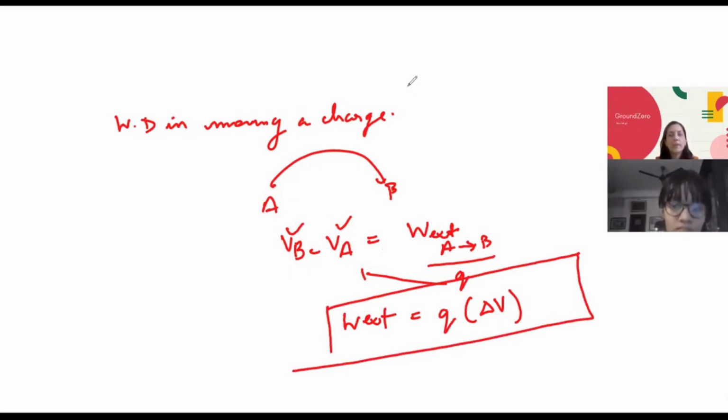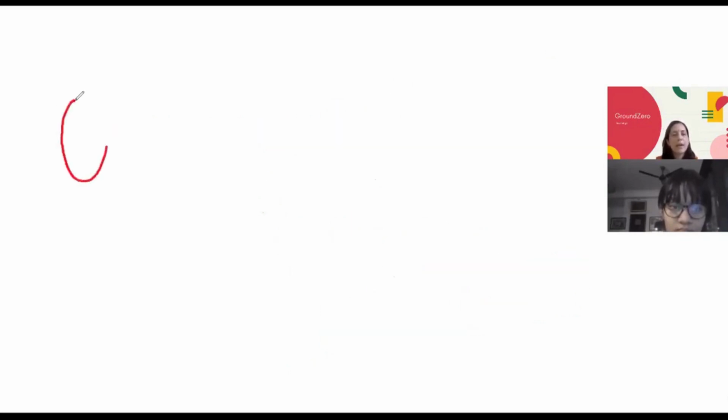Now they often ask, let us suppose there is a ring, and positive charge is uniformly distributed on the surface of the ring, and they ask you to find the potential at this point P, which is at distance R on the axis, and the radius of the ring is capital R. In that case, there is a formula.